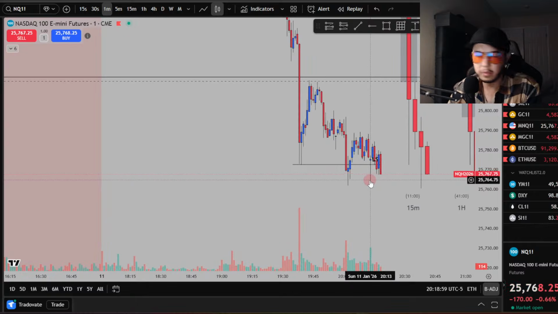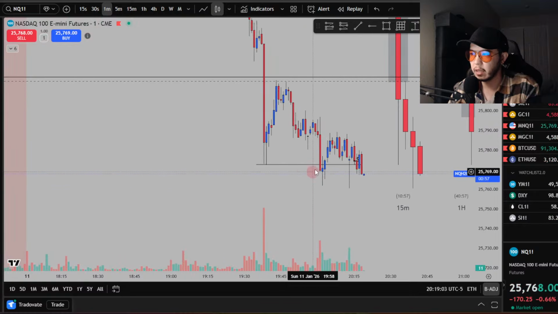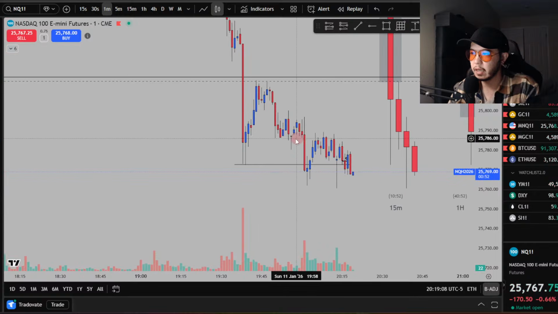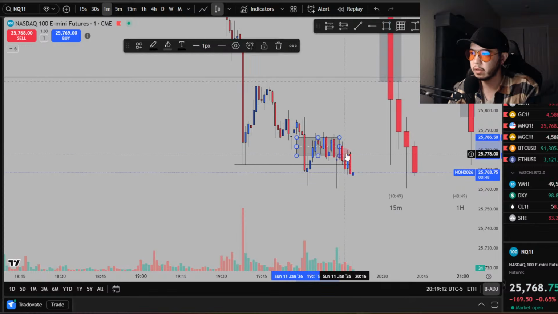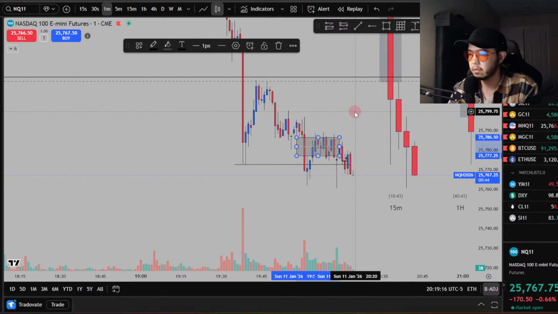Why long? It's because it was a 1-to-1. Because we swept this area, and we had a huge reaction off of it. That's why I was like, if I see this area gets inversed, which it did on this candle, yeah, let me just get in.